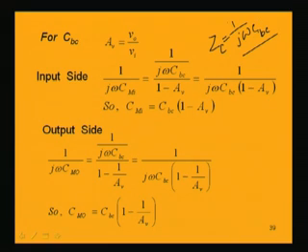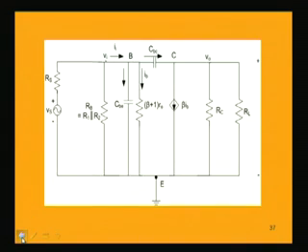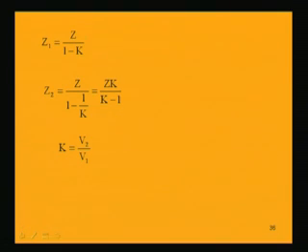We will first of all find out what this capacitance will be in the input side, that is CMI, because following the Miller theorem which we have just now seen, in the input side it will be Z by 1 minus k.